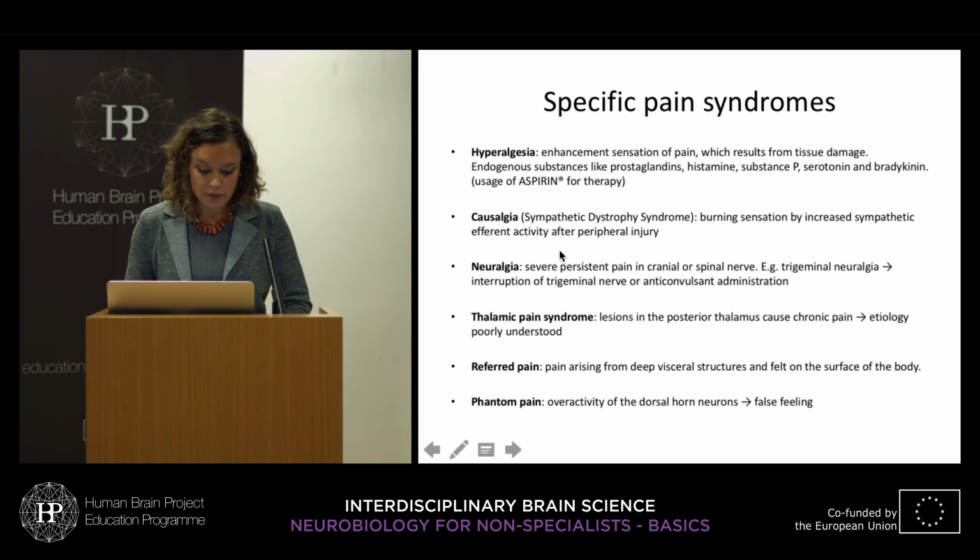Or neuralgia, a severe persistent pain in a cranial or spinal nerve. The thalamic pain syndrome, or referred pain, where pain arising from deep visceral structures is felt on the surface of your body. And phantom pain, which is due to an overactivity of the dorsal horn neurons. So it's a false feeling, for example.